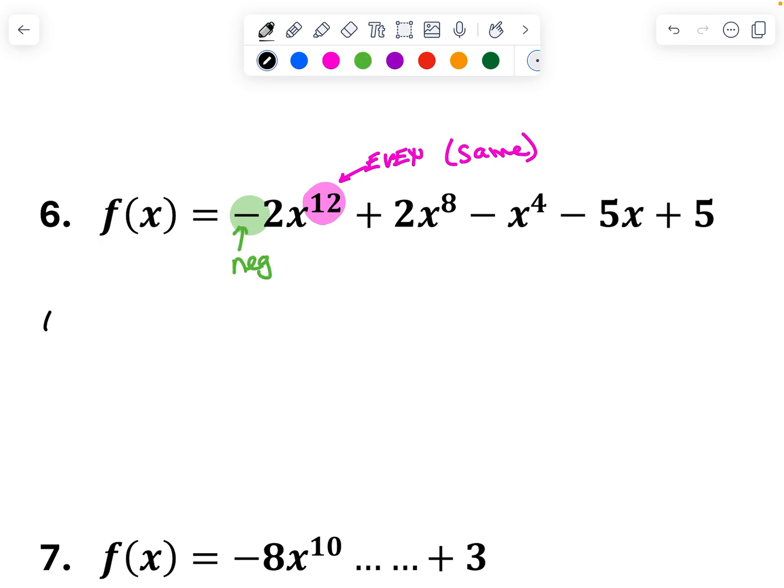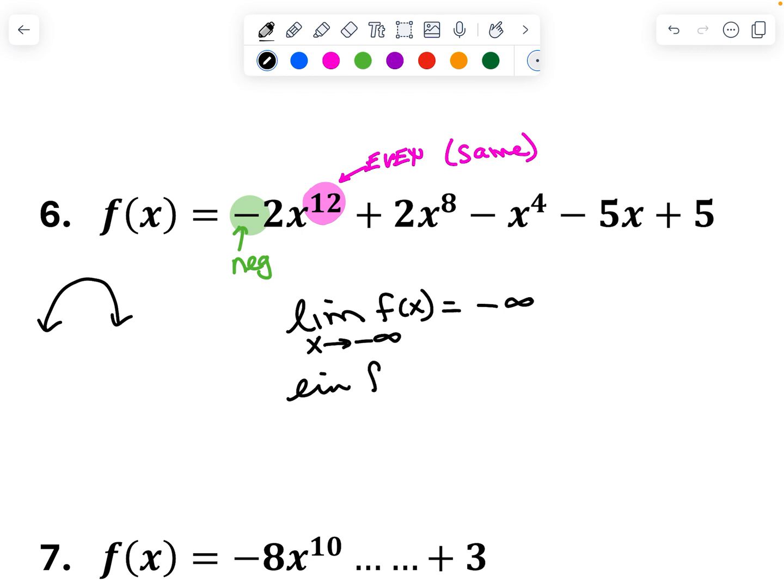So it's going to most look like this. So we're going to say the limit of f of x as x moves to the left, the graph is also moving down. And the limit of f of x as x moves to the right, the graph is still moving down.